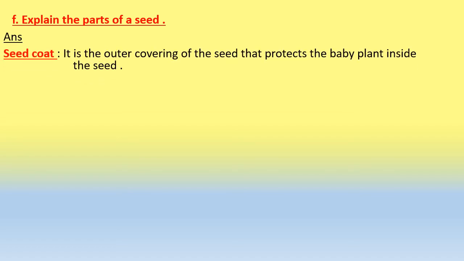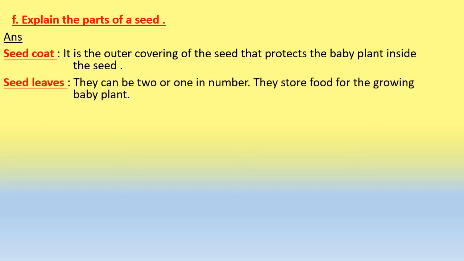Part F. Explain the parts of a seed. The first part of the seed is the seed coat. It is the outer covering of the seed that will protect the baby plant inside the seed. Next is seed leaves.